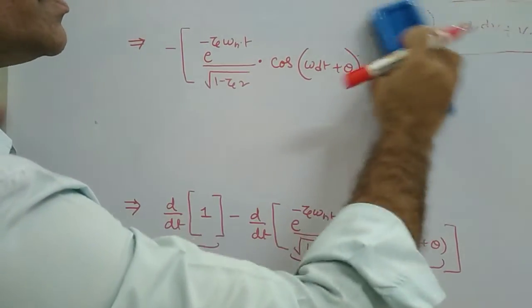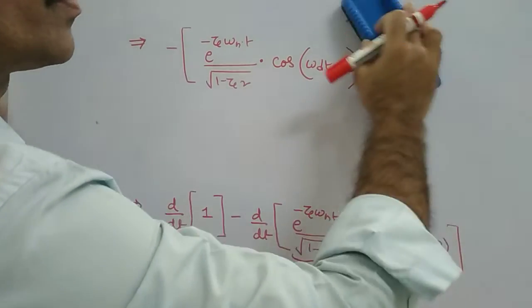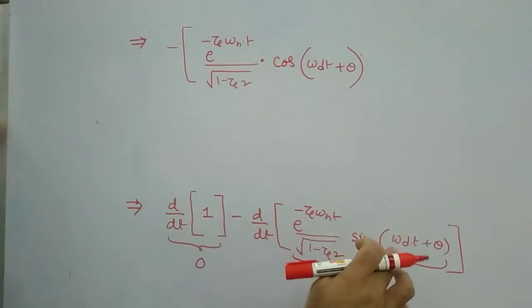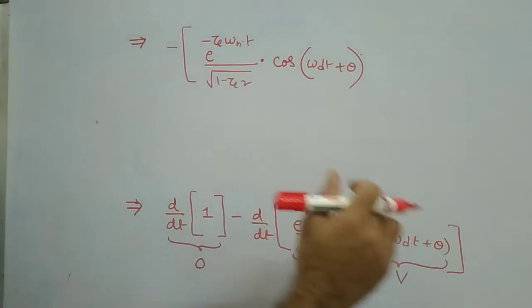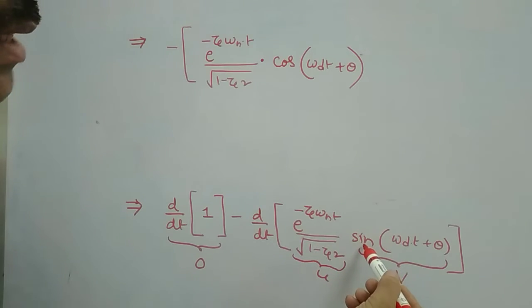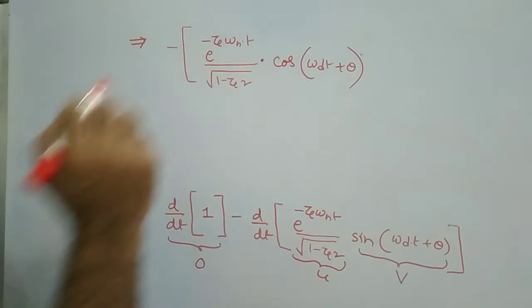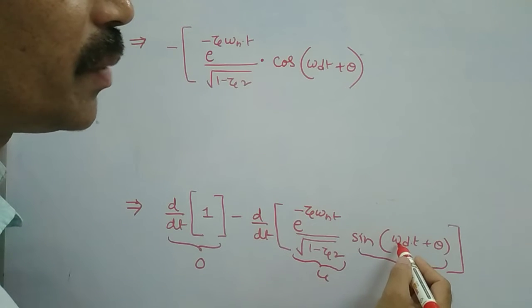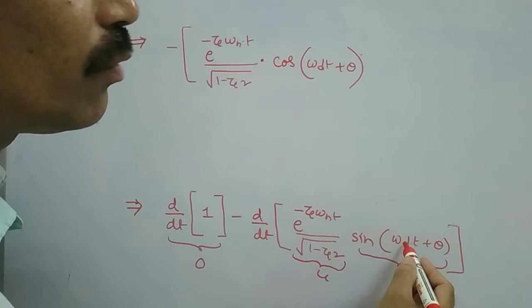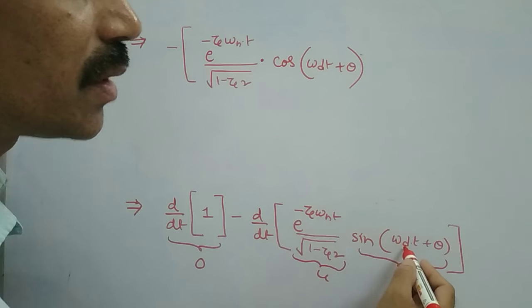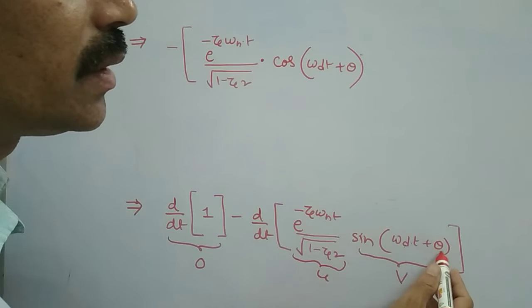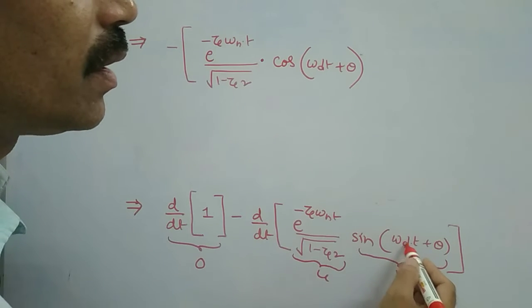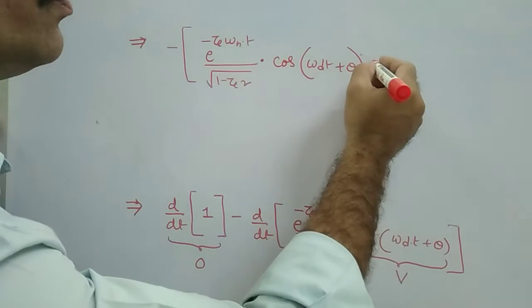If you differentiate sine, it is converted to cos. Again in the bracket you have the parameter omega suffix d into t plus theta, where theta is constant. Then if you differentiate this part, you will have omega d.